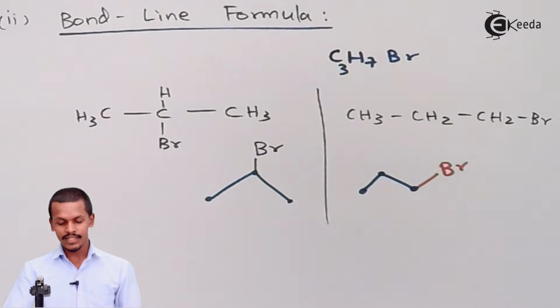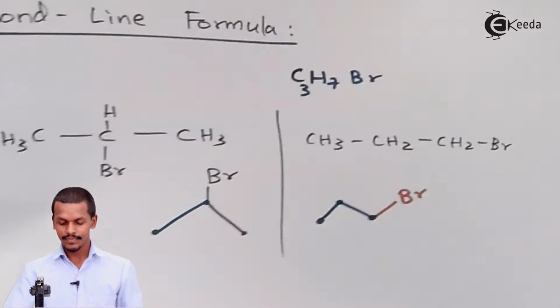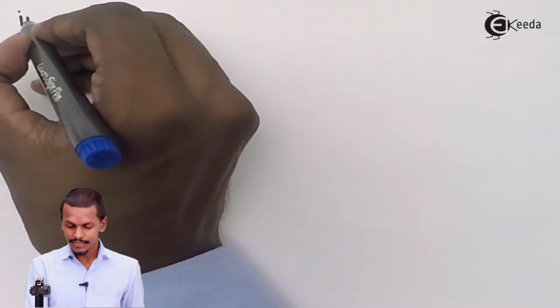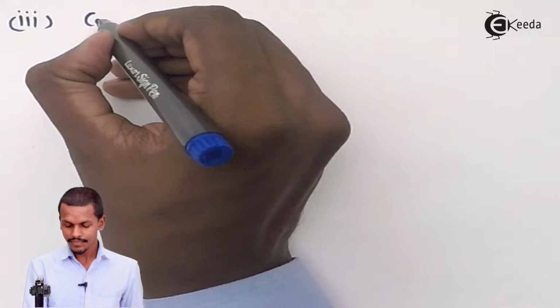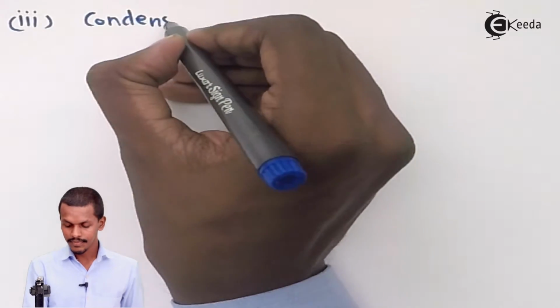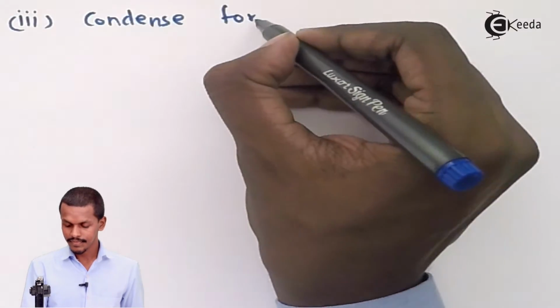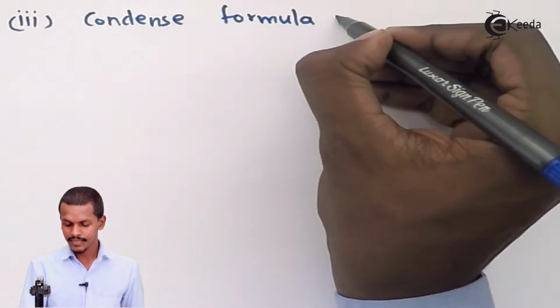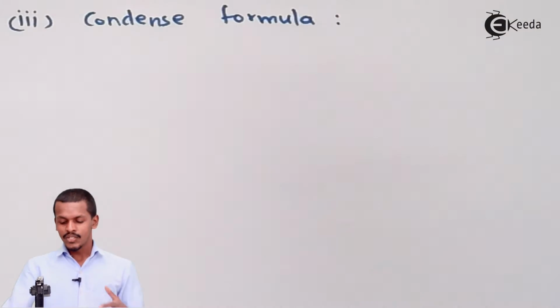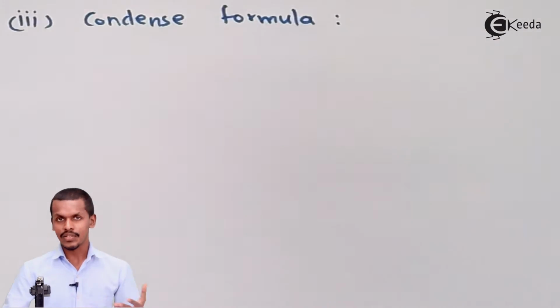And talking about the next one, I want to represent what actually a condensed formula is. So the third is condensed formula. Condensed formula is very similar to the structural formula. The only difference is that in the structural formula we usually represent a bond, or we could say a dash, between the 2 carbon atoms or between the 2 atoms.